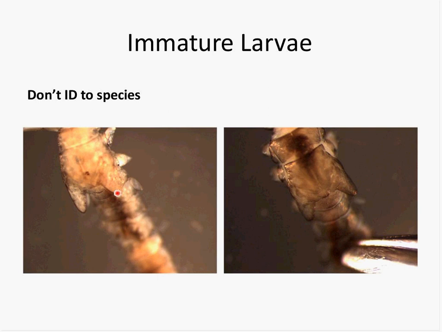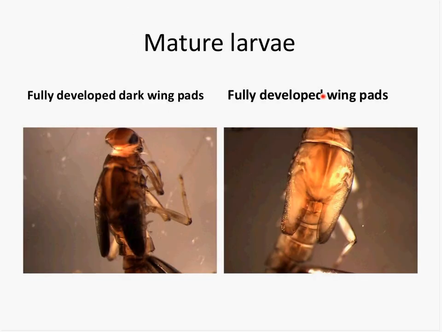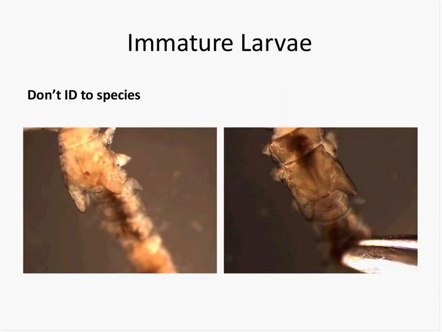But we still consider this an immature larva, and anything like this or smaller, we would like you to leave at Baetis. Basically, unless it looks like the mature ones, we prefer that from now on you leave specimens at this.